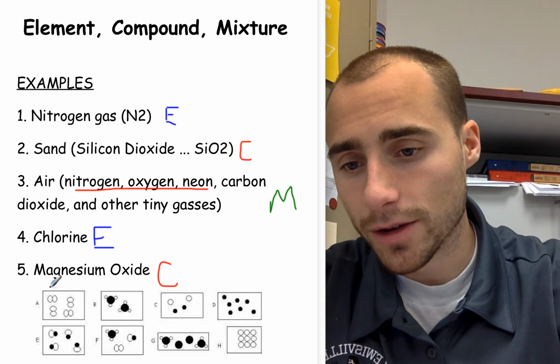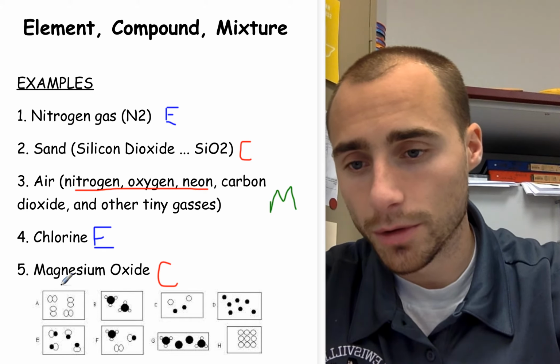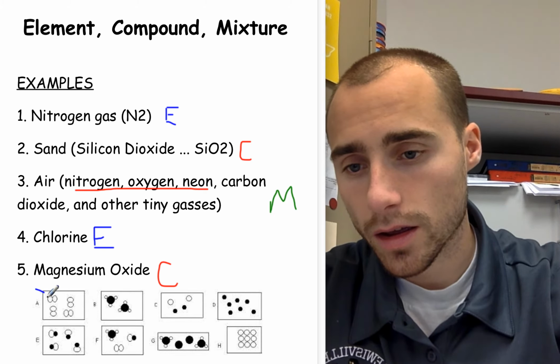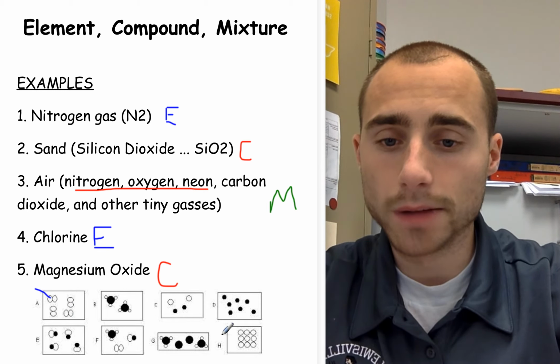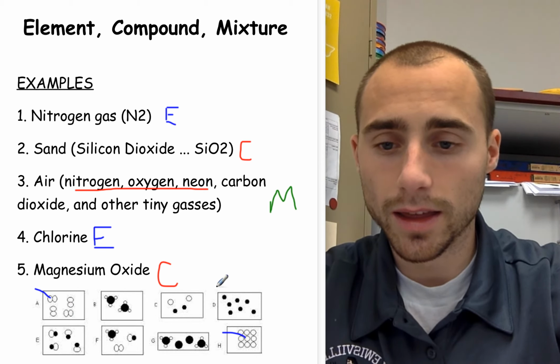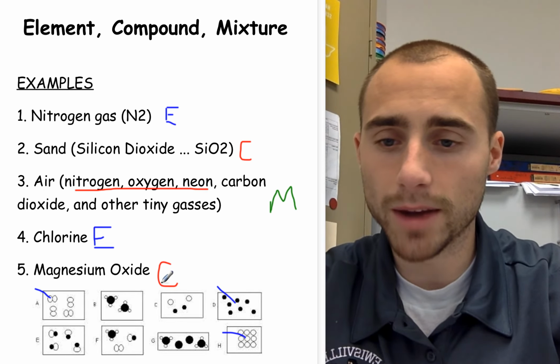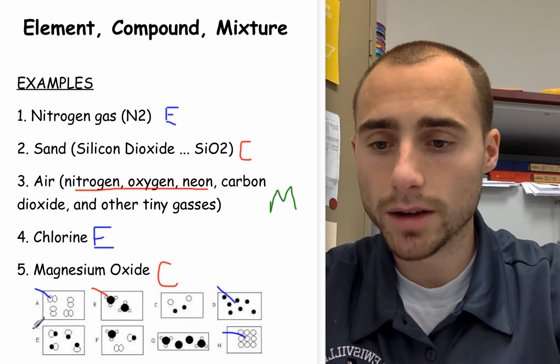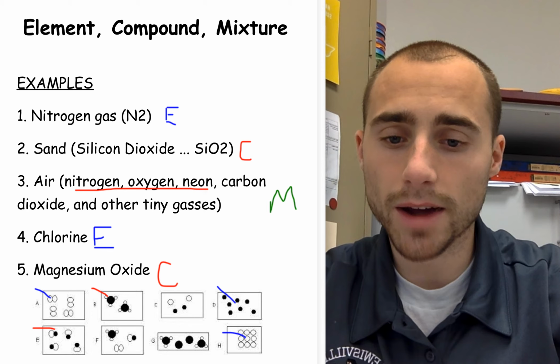There's some images down here at the bottom. This right here, I'll just put in blue. I'll put the elements in blue. This would be an element because they are two of the same. This would be an element. This would be an element, all because they are two of the same. Compounds I'll put in red, match the C's up here. Compound, compound, and I believe those are our only compounds.